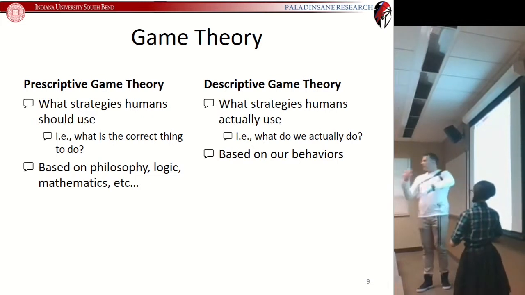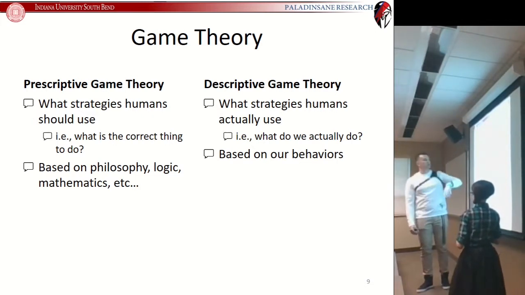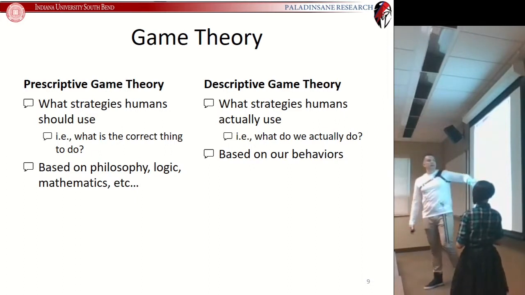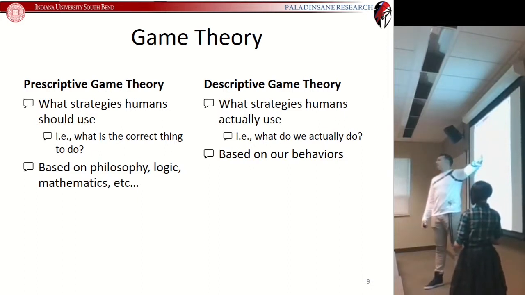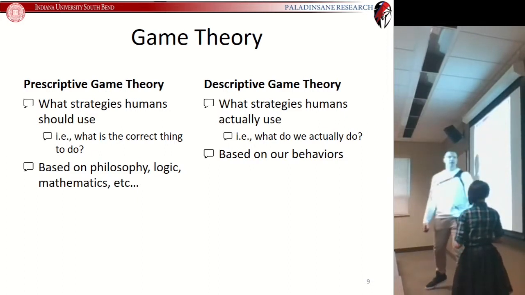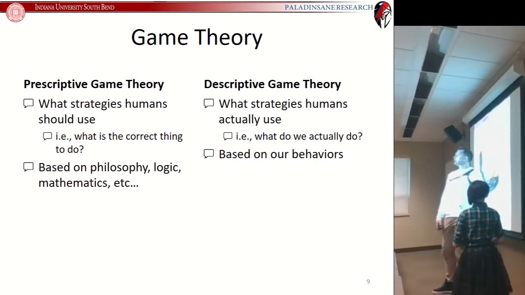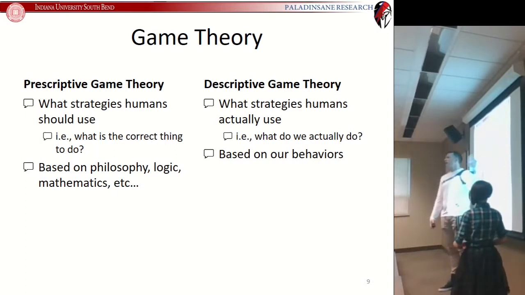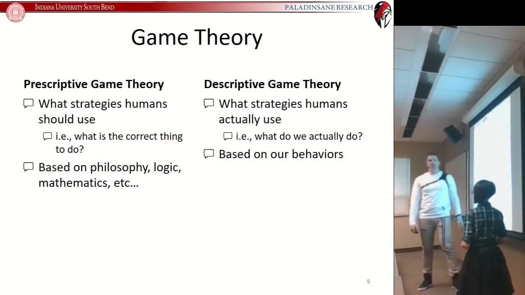And much like with other decision and judgment making that we saw, we figure out, as psychologists, or try to figure out, what the prescriptive thing to do is. We then go out and measure what is the descriptive thing that humans do, and then we try to figure out why there is a difference between those two.